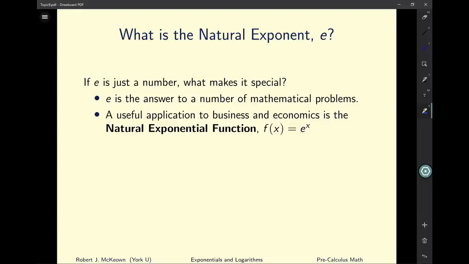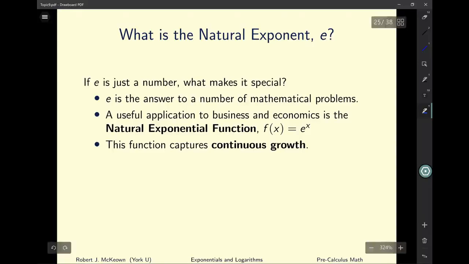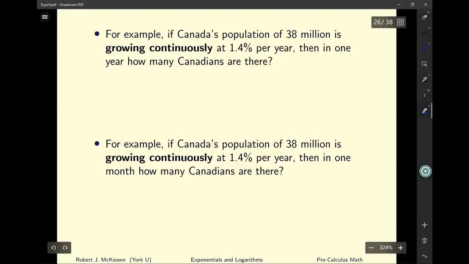As a student of business and economics, you are going to find it very useful. And one property that makes it very useful to you is that it captures continuous growth. And I'll demonstrate this with an example. Here's our Canadian population question again.